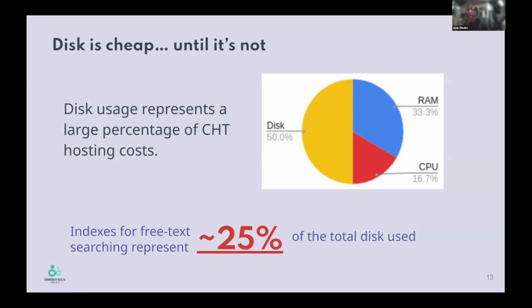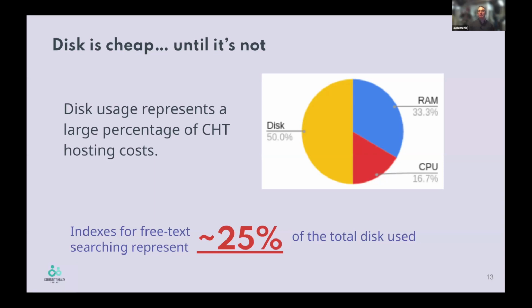Looking at real world deployments, particularly AWS deployments, which is where we've got the most experience here at Medic, we were able to pretty clearly see disk space, although being cheap supposedly, was a main cost when it comes to hosting large CHT instances. Probably no huge surprise there.